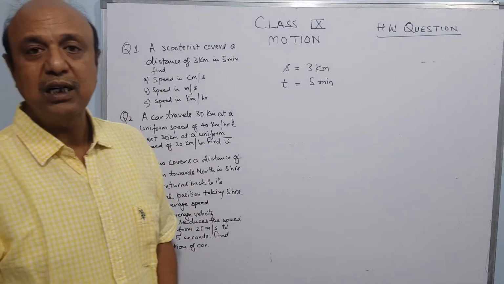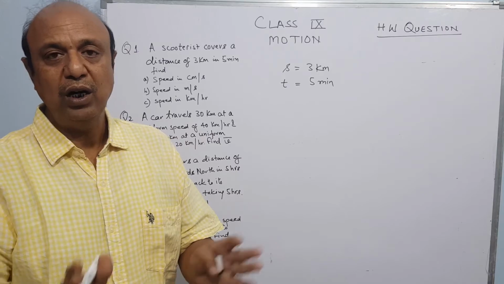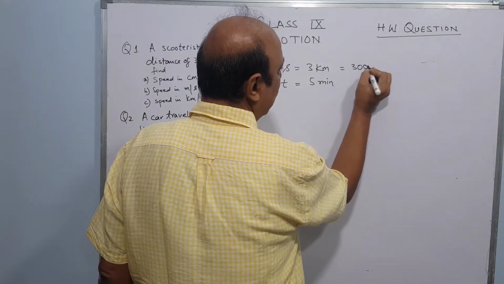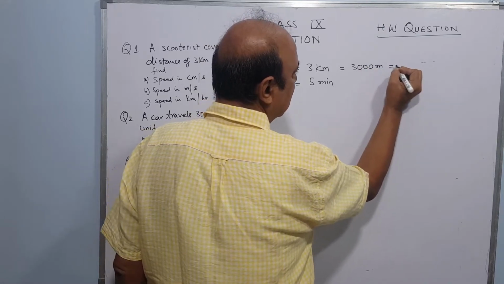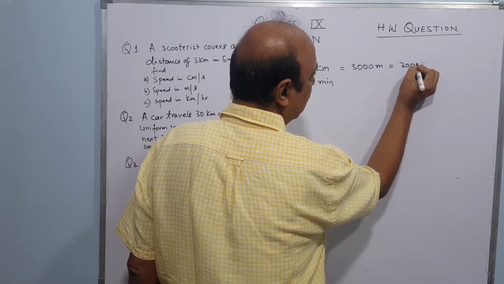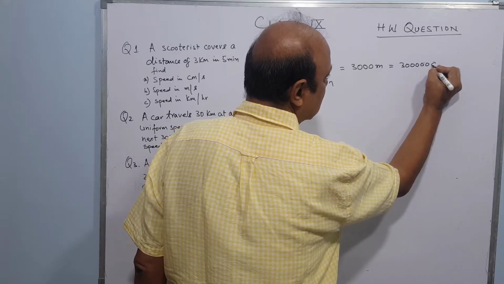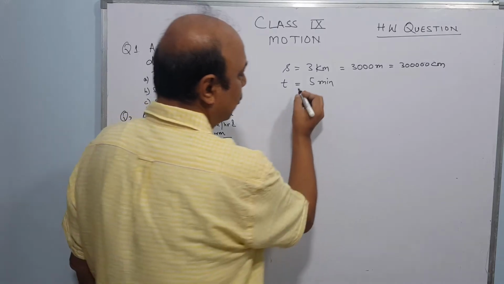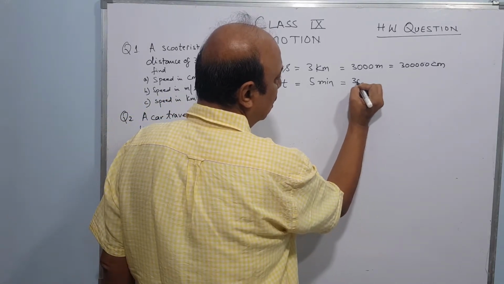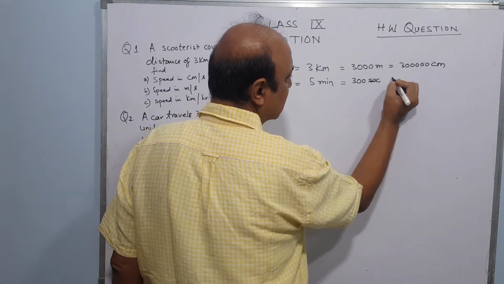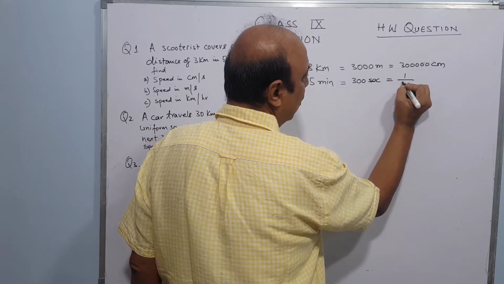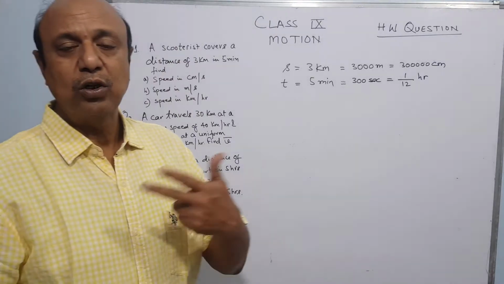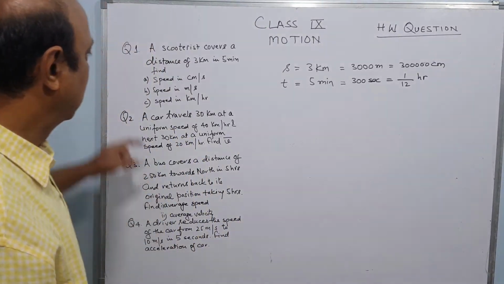Now, when we were discussing the units, I told you to convert the units into various parts. 3 kilometers is equal to 3000 meters is equal to 3 lakh centimeters. 5 minutes is equal to 300 seconds is equal to 1 upon 12 hour. I am intentionally writing 1 by 12 because it will make our calculation easier.